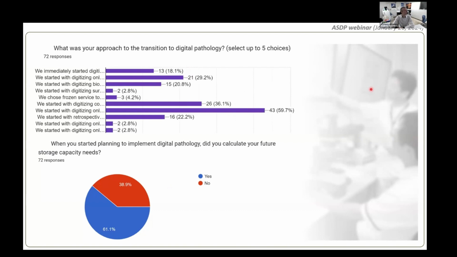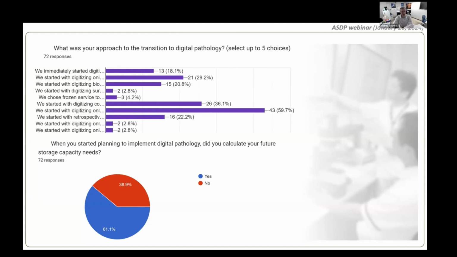Finally, I would say that less than 20% showing up here started digitizing all cases immediately. This is what we call a full digital transition. There were also rare choices, such as starting your digital journey with frozen service or with archival scanning.